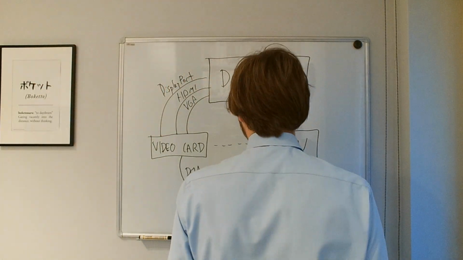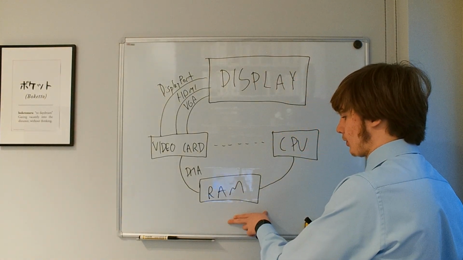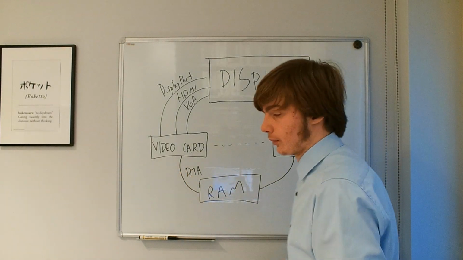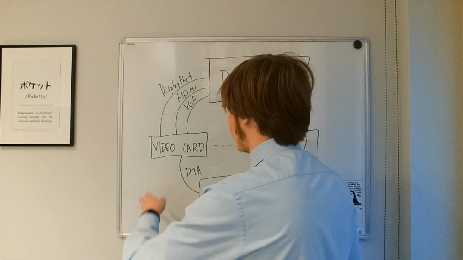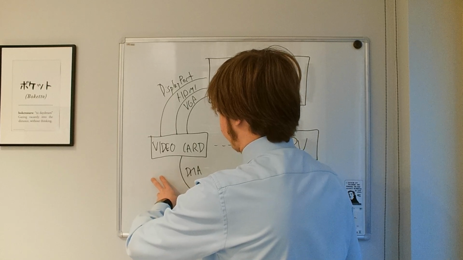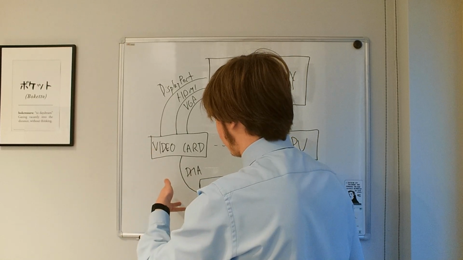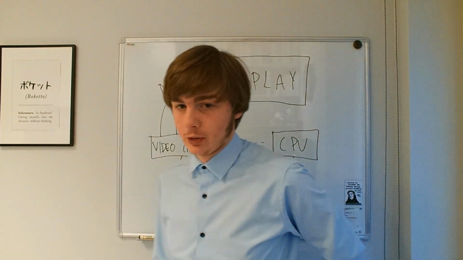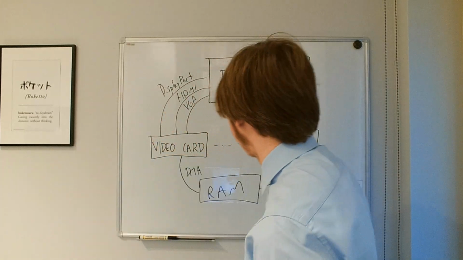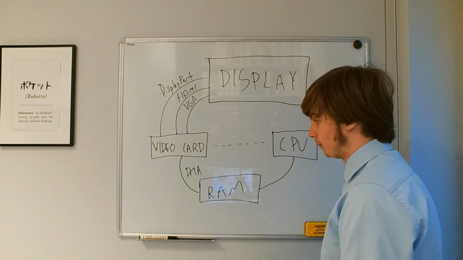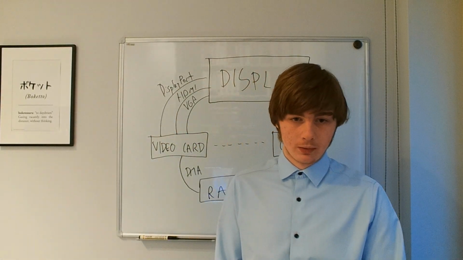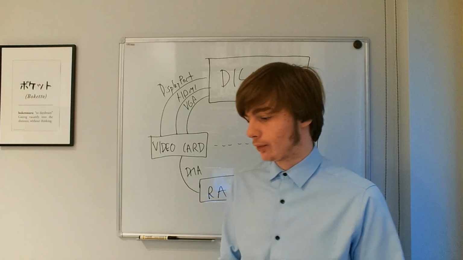What matters is that it takes this information from the RAM, it interprets it according to its documentation, and then it knows how to generate those electric signals that correspond to the image that we want. So that's the fundamental working idea of computer graphics.